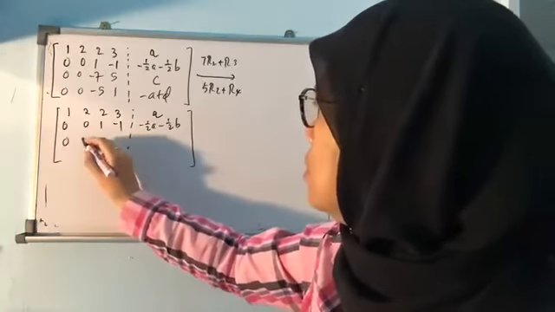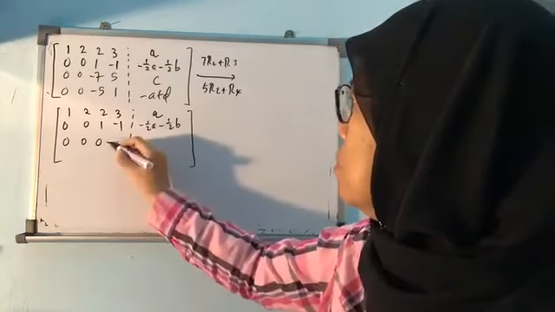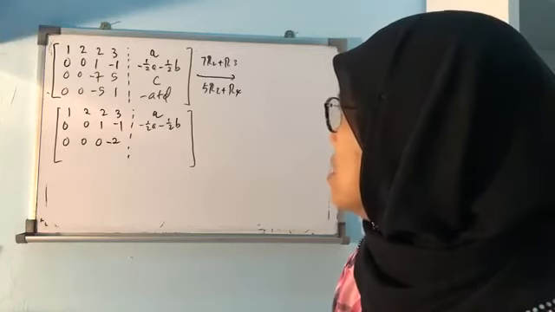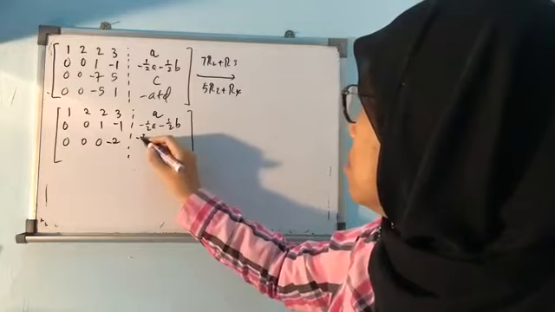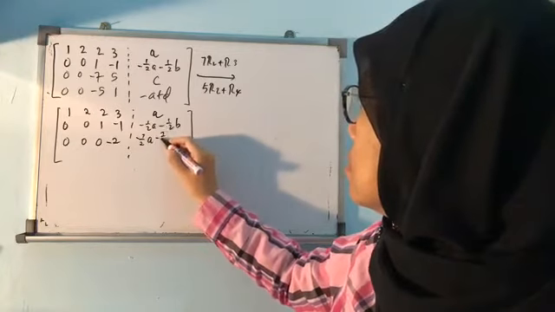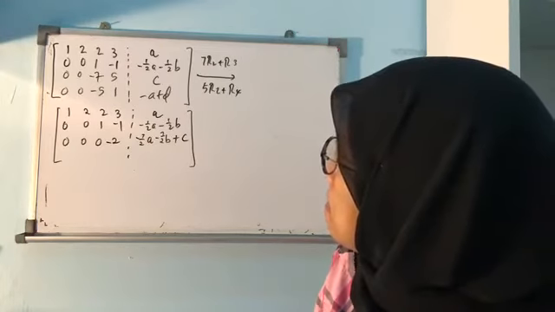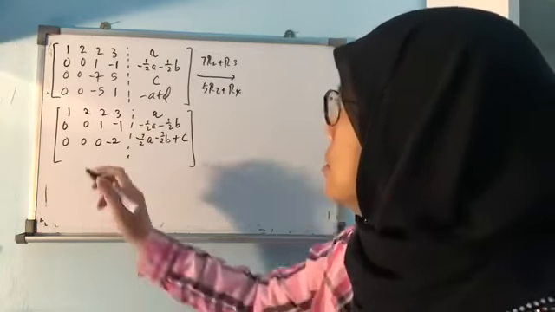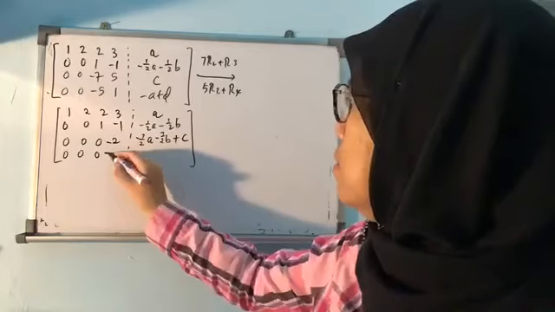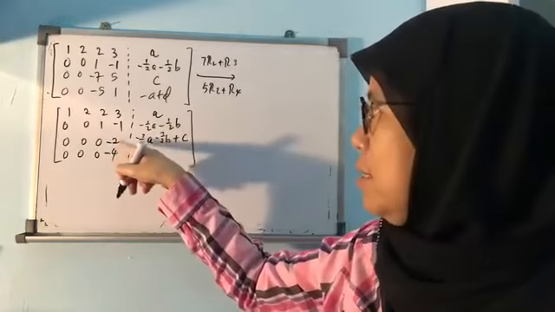Okay, 0, 0, 7 and add 7, negative 2, okay, 7, is really double.